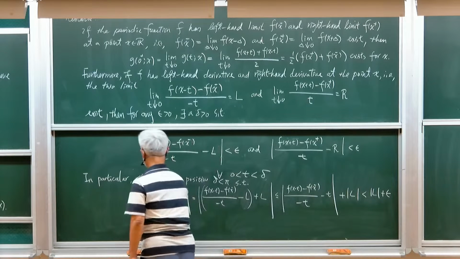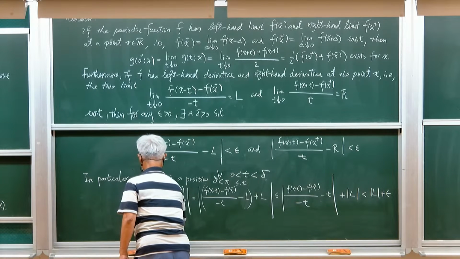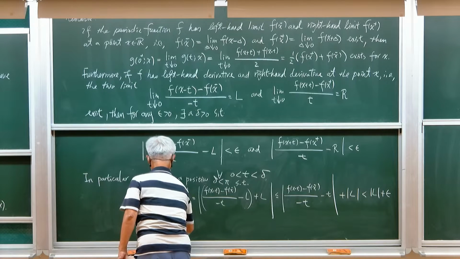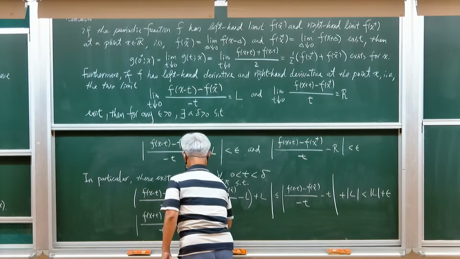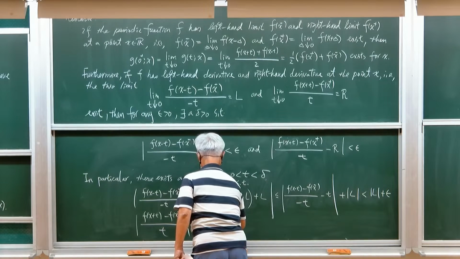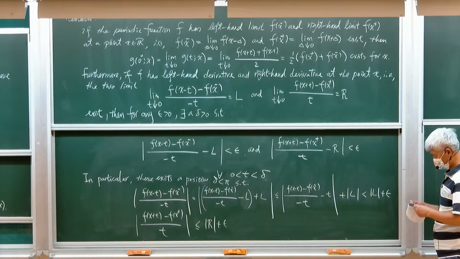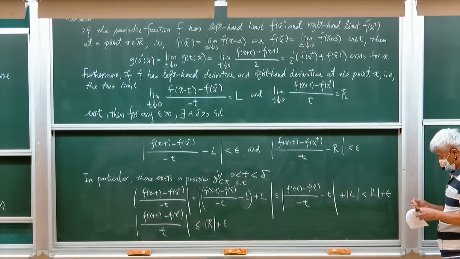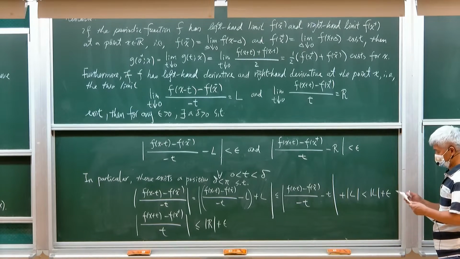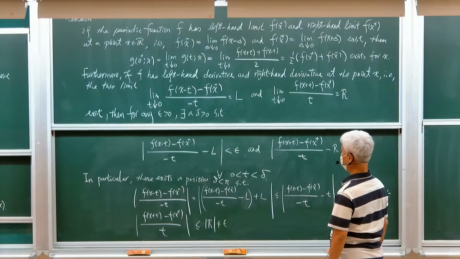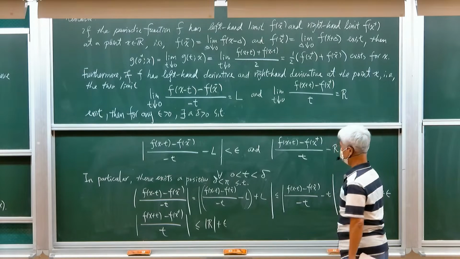And similarly, f(x plus t) minus f(x plus), divided by t, is less than or equal to R plus epsilon. Okay.